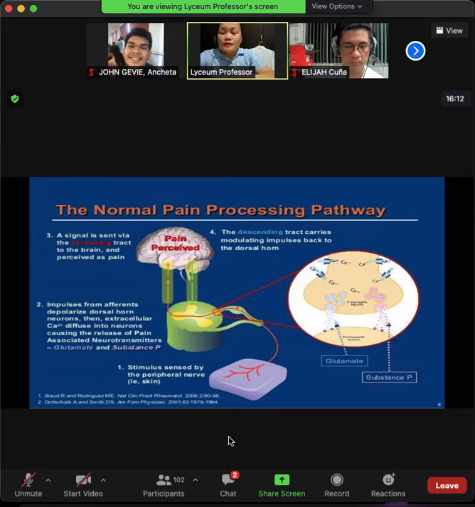The impulse from afferent depolarized dorsal cord neurons, then extracellular potassium diffuses into neurons, causing the release of pain-associated neurotransmitters such as glutamate and substance P. And then after that, it will go to your third pathway, wherein a signal is sent via the ascending tract to the brain and perceived as pain.